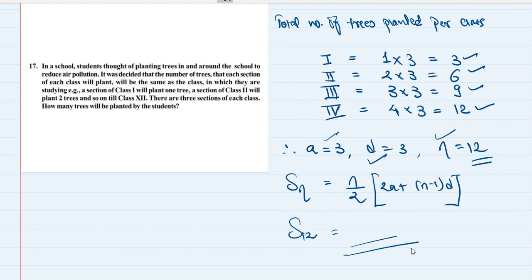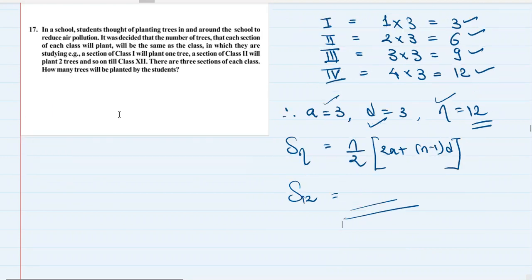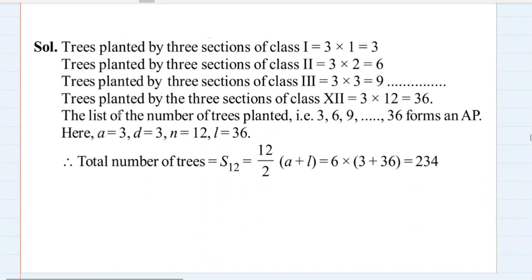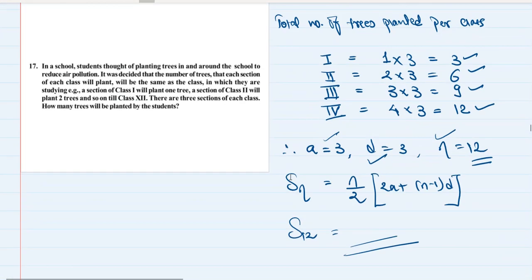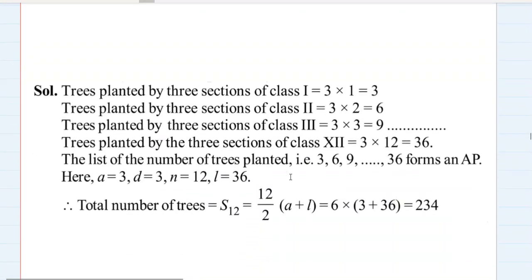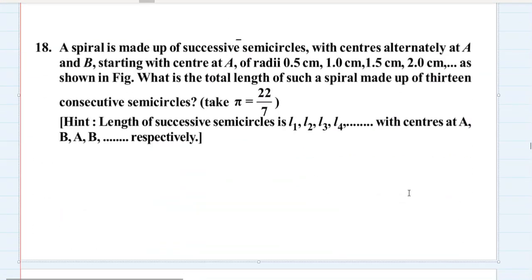Okay, let's see. 234 is the final answer. Total 234 trees will be planted. Okay, they have used a different formula which you can also use, but with this formula also you should get the same answer, 234. Okay, let's go ahead.